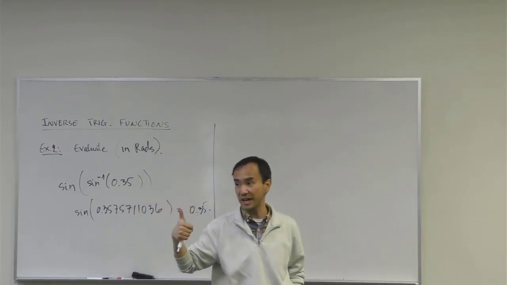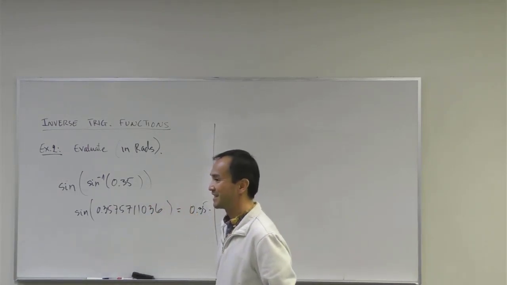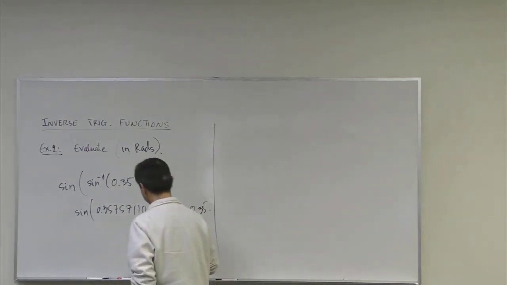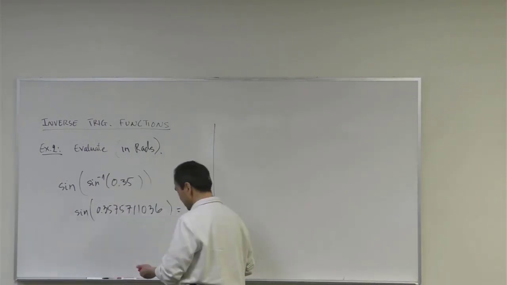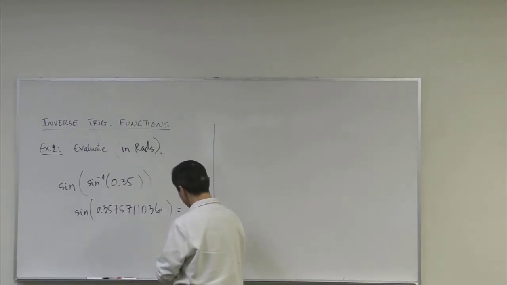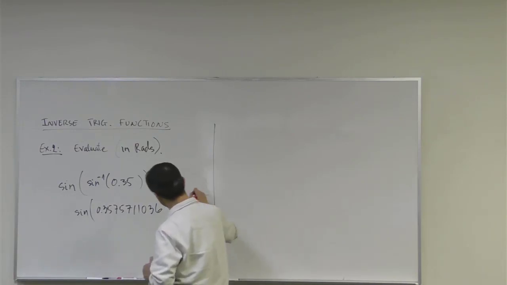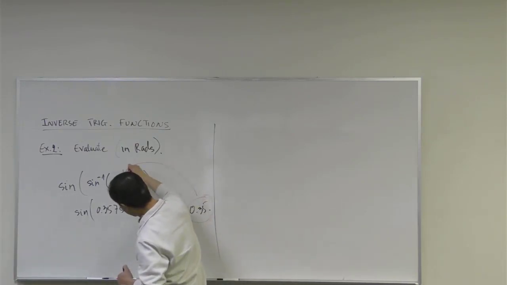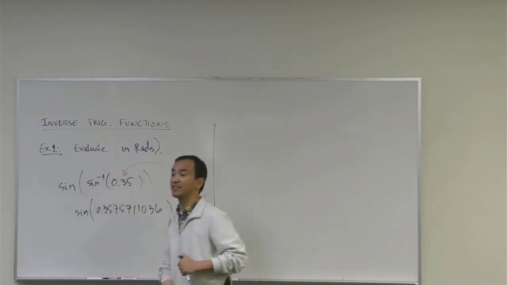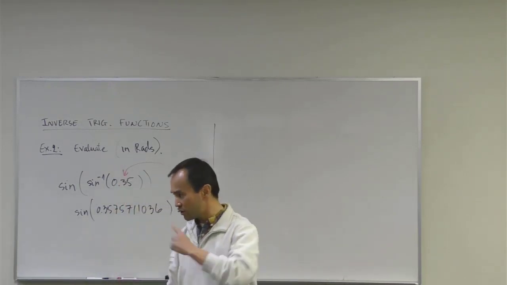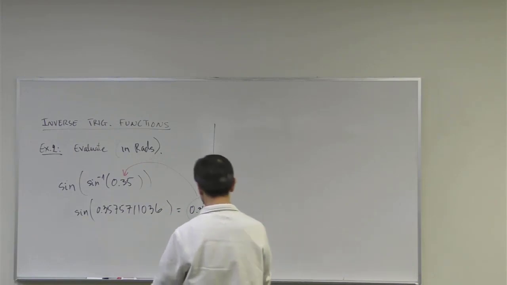You guys good with me on that still? Okay. We didn't go too far into this kind of problem yet, but the answer here seems to be exactly the same as that original number we had. I wanted you guys to do the work and recognize the idea of that.